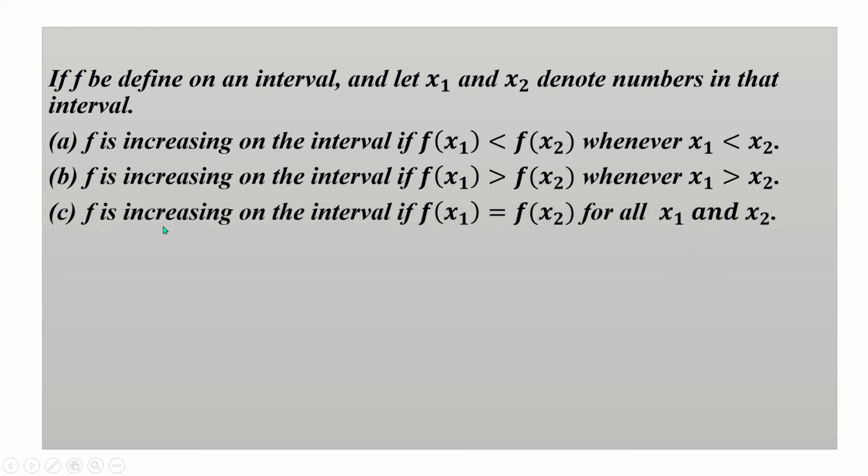And f is constant on the interval if f of x1 equal to f of x2 for all x1 and x2. That means the first is increasing, the second is decreasing, and the third is constant. Clear?